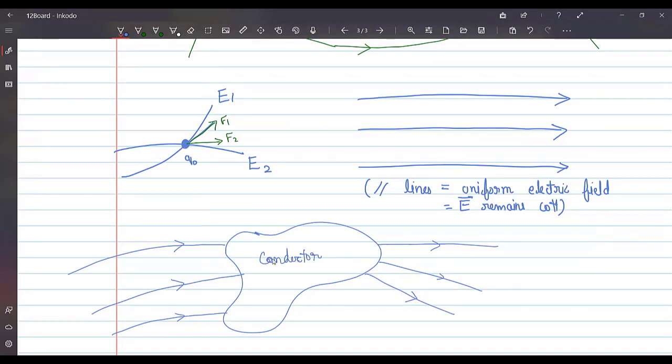Because if there is a field inside a conductor, the electrons inside will move, and keep on moving until the field inside the conductor becomes zero. So just after some time, once you turn on the electric field, the field inside the conductor becomes zero.